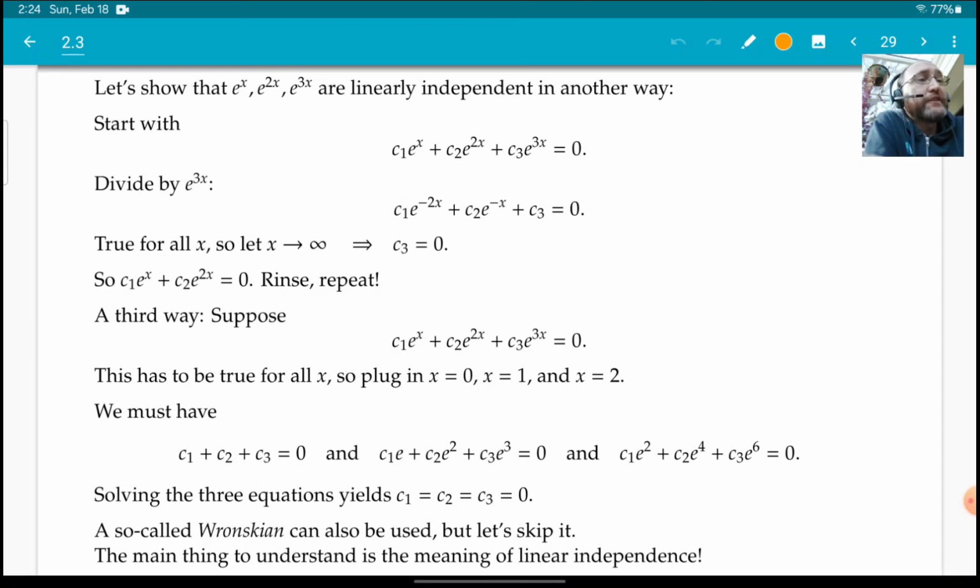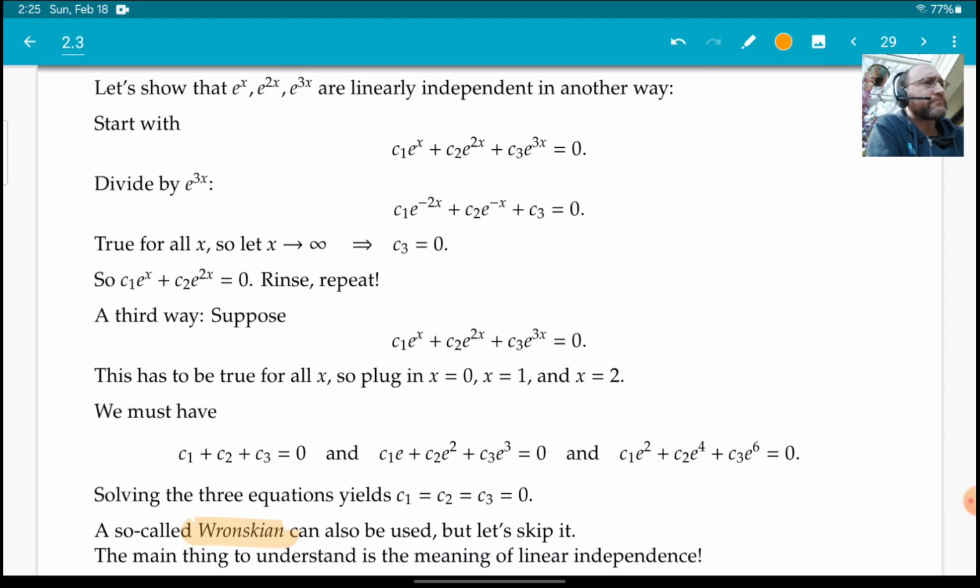What is important is to understand what it means, right? So if you understand the meaning of it, being able to run some procedure with the crank, well, who cares? You can have the computer do it. If you have some sort of symbolic computational program, it will do the Wronskian in the background and check for linear independence.